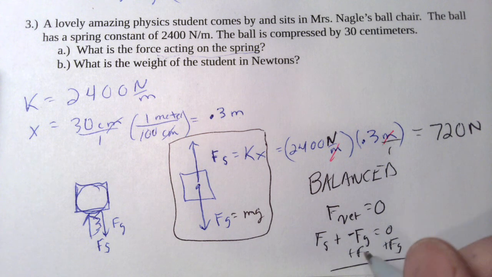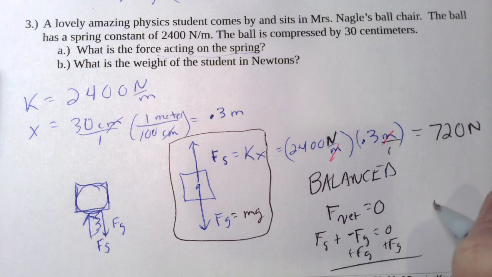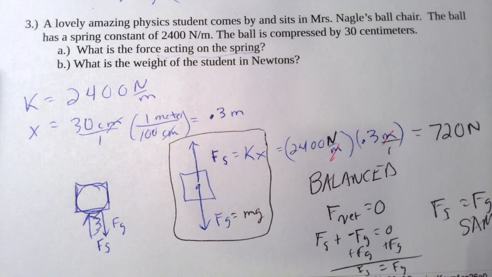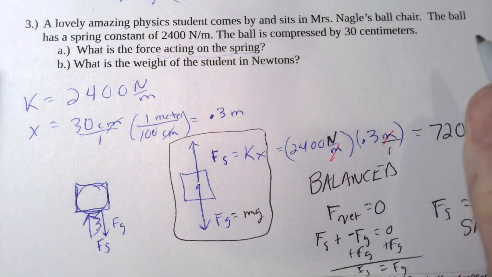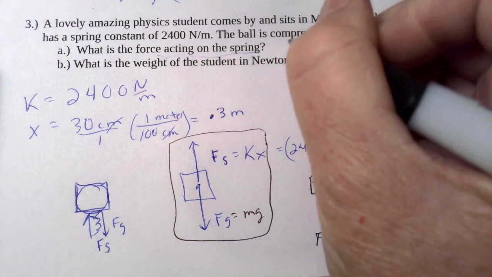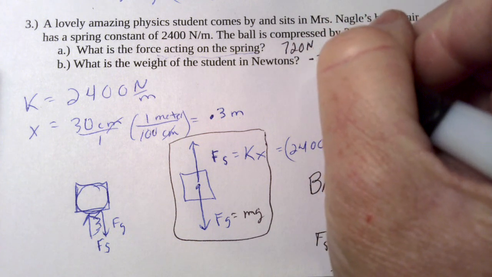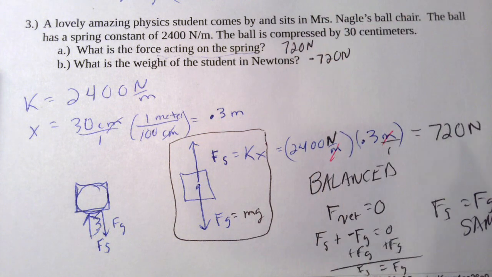I'm left with force of the spring equals force of gravity. They're the same because it's balanced. So you might want to use the signs because that would be helpful. 720 newtons. What is the weight of the student? Negative 720 newtons.